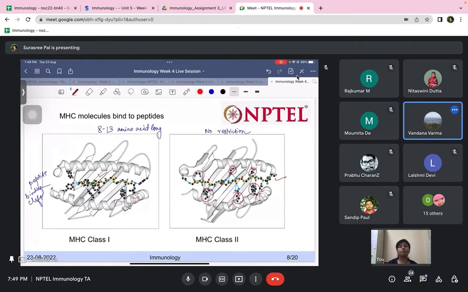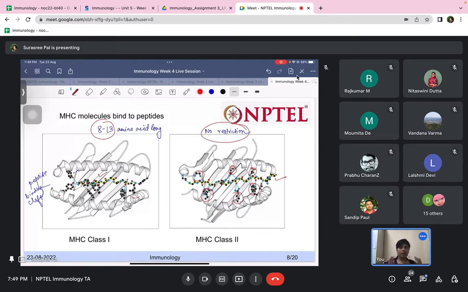Exactly. By the term no restriction, I actually mean that it can be greater than 13. So 13 is a restriction for MHC class 1. But in case of MHC class 2, obviously you can understand that a 100 amino acid long peptide cannot fit into this peptide binding cleft, right? So by no restriction, I mean it can bind a peptide longer than 13 amino acids.